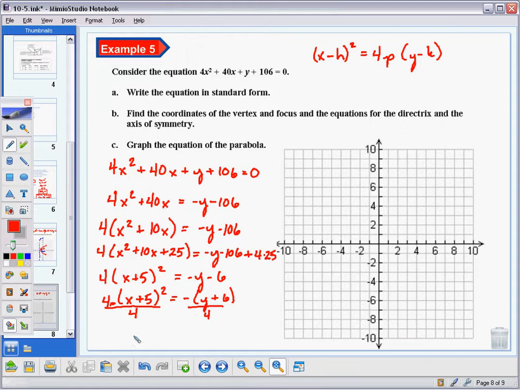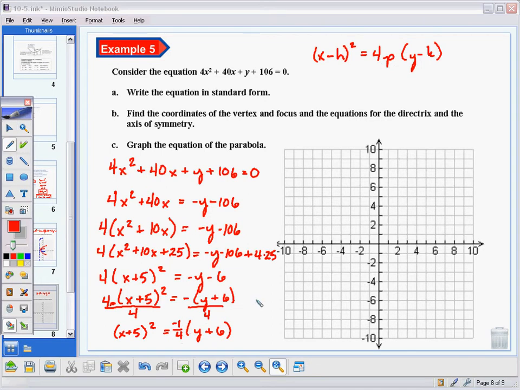So I have (x plus 5) squared equals negative 1/4 times (y plus 6). However, this negative 1/4 actually is supposed to be a 4p. So I have to rewrite that as 4 times something. All right, I'm going to write this up at the top here since I'm running out of space.